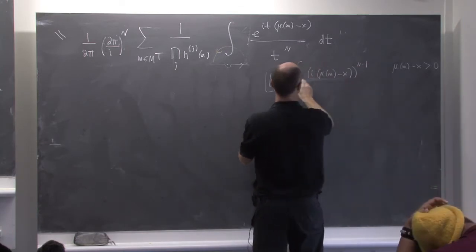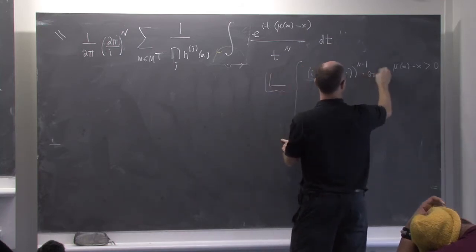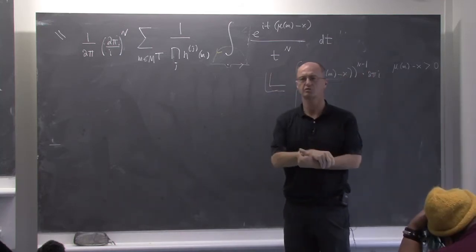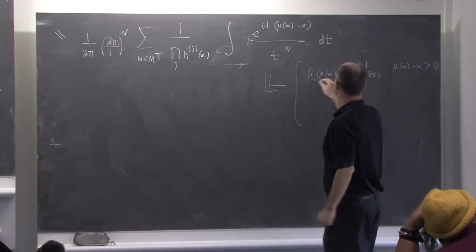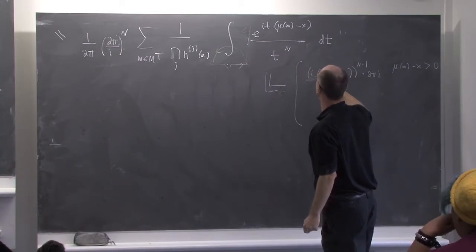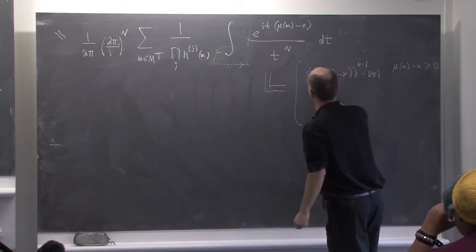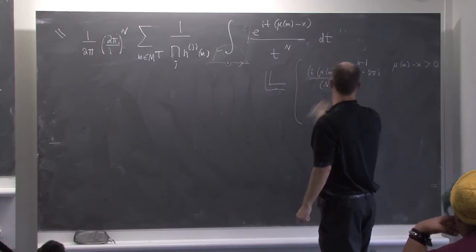That's the residue, times 2 pi i, divided by n minus 1 factorial.